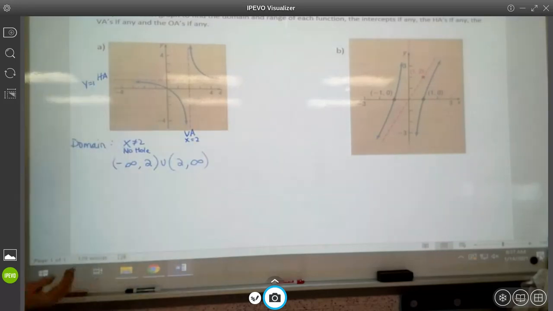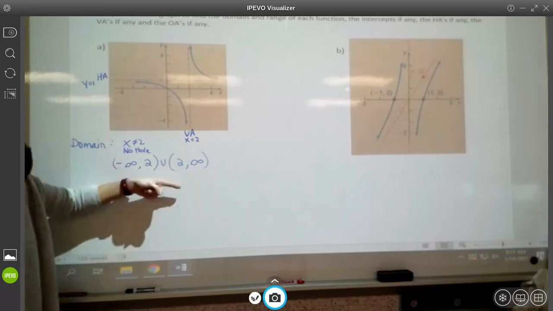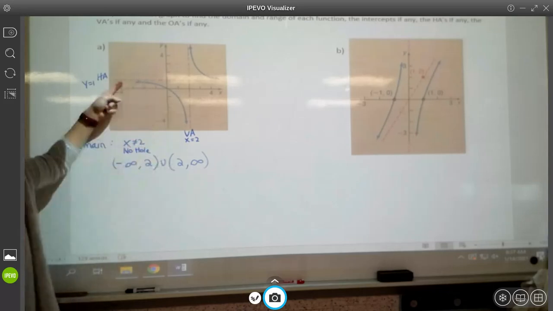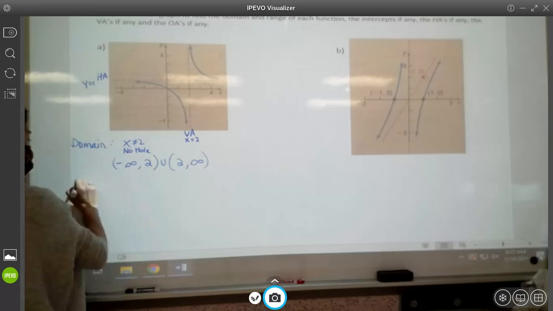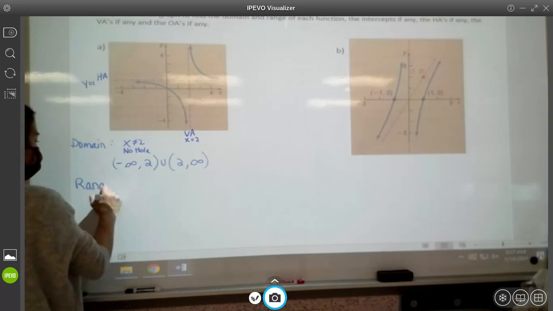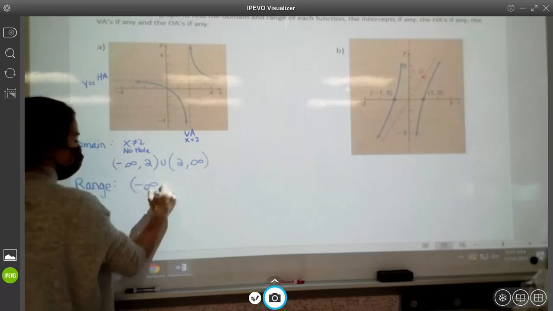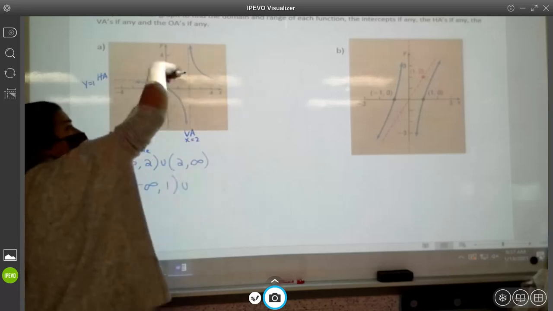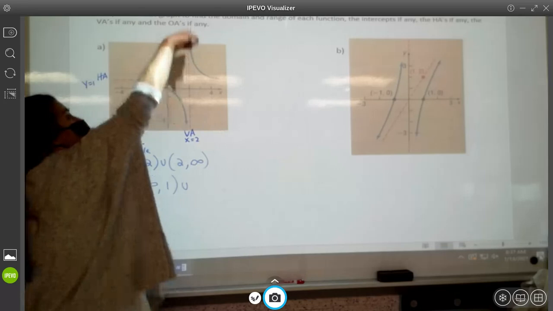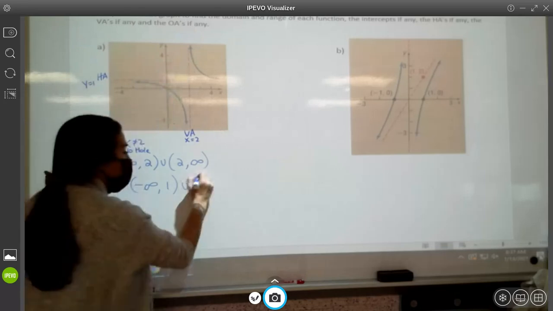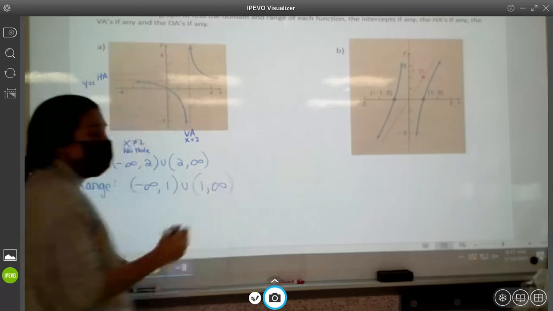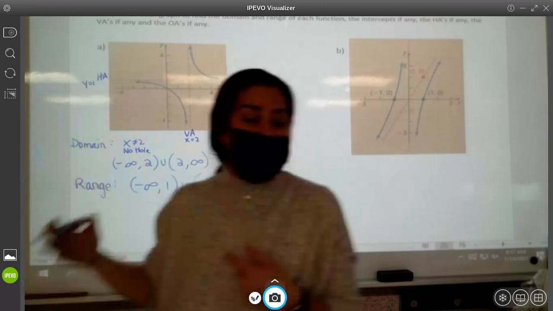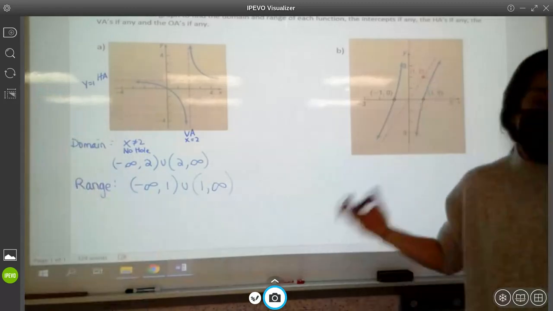So now this curve has a range from negative infinity to 1, but not including 1. Union, this curve picks up on the other side of y being 1 and then shoots off to infinity. So the only y value that doesn't live on this function's graph is the y value 1.